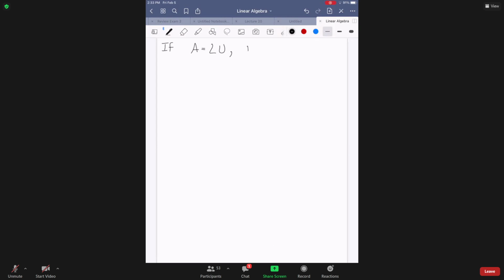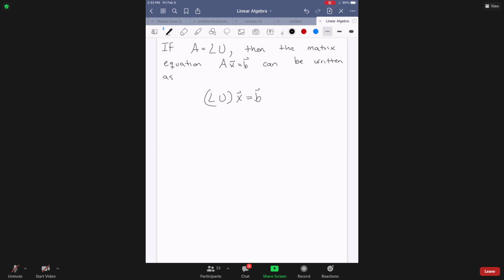Then the matrix equation AX equals B can be written as LU times X equals B, right?